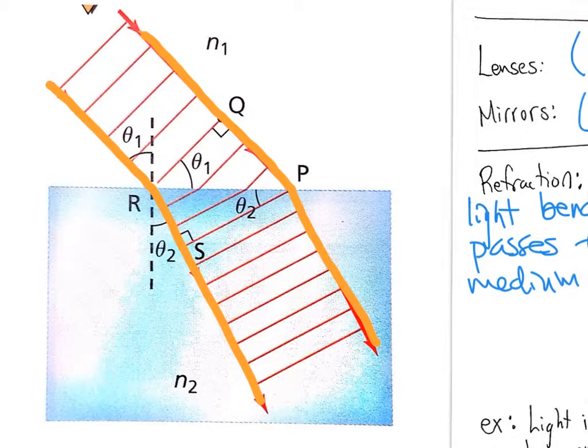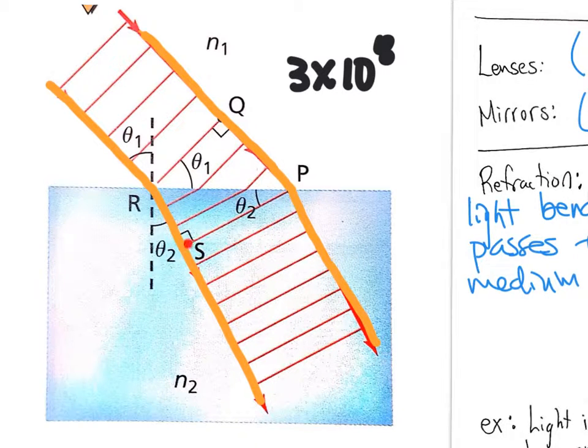And what happens when light is going through air is it's going fast, 3 times 10 to the 8th meters per second, and it's going to actually slow down a little bit as it passes through water. So imagine that this is a line of people walking or something, and as soon as they hit this water, they start moving slower.